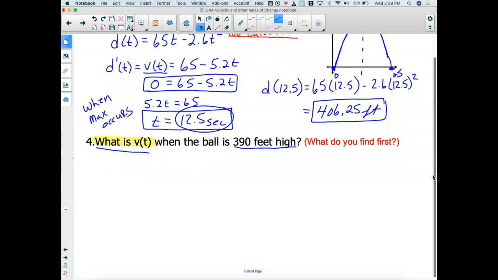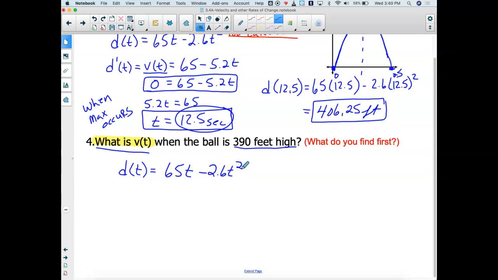So don't I have to come here and take my displacement function? Where's my position? 65t minus 2.6t squared.